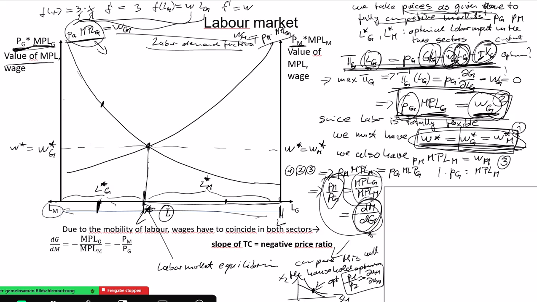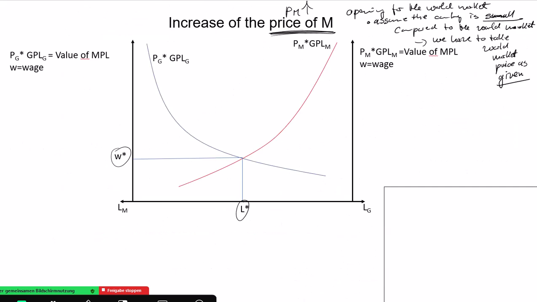Okay, and now we want to open for the world market. Well, if at the world market the prices of the two goods would be the same, then of course nothing would happen. But let's say we are, so to speak, a small country.